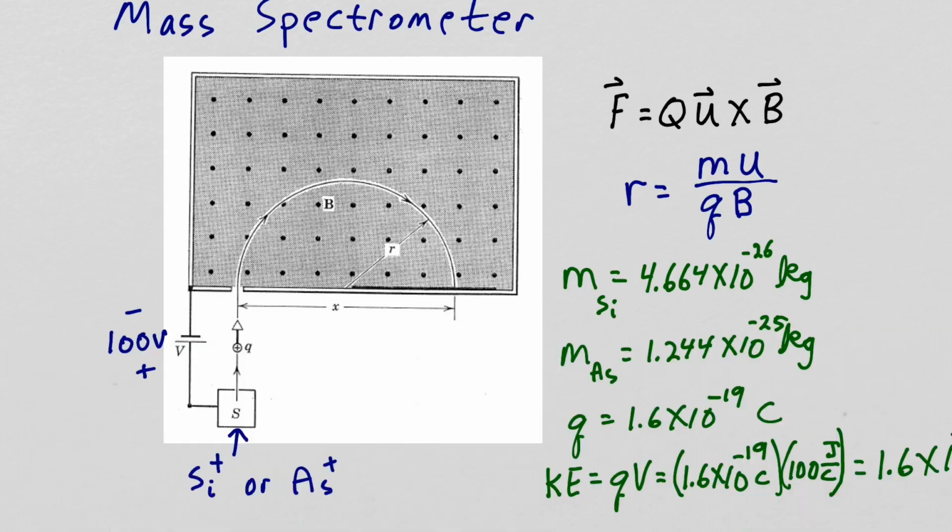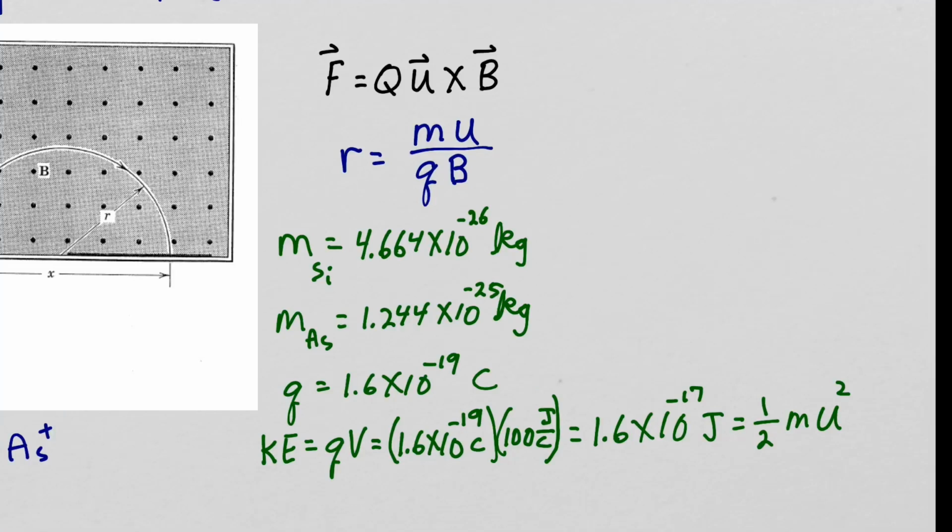So the kinetic energy is 1.6 times 10 to the minus 17 joules, which equals 1/2 the mass times the velocity squared. So we can calculate the velocity for the silicon and arsenic ions by substituting in the mass for the silicon and arsenic ions.